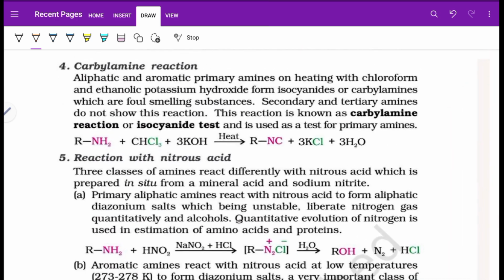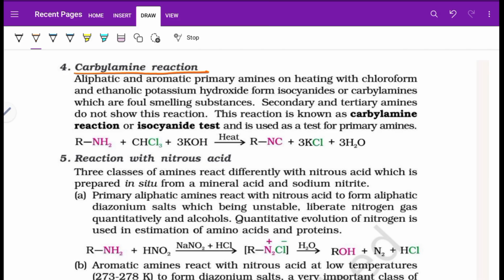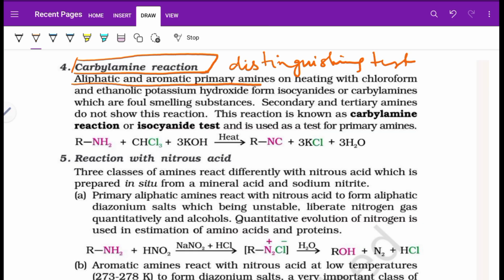Now coming on to the carbylamine reaction, which is a name reaction. It is a distinguishing test for aliphatic and aromatic primary amines, which on heating with chloroform CHCl3 and alcoholic potassium hydroxide form isocyanides, which have an obnoxious smell.